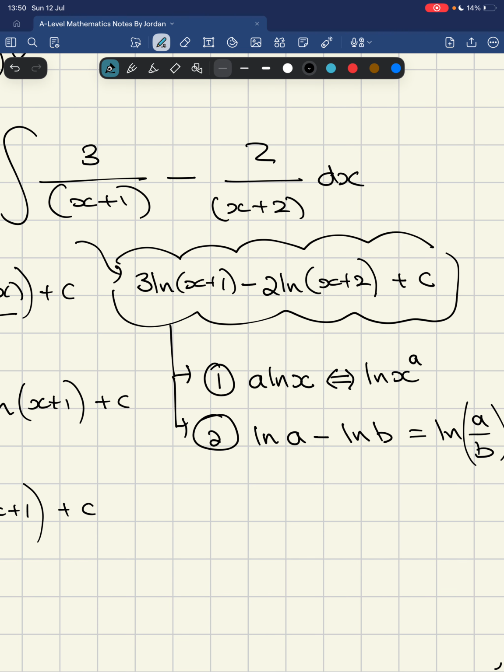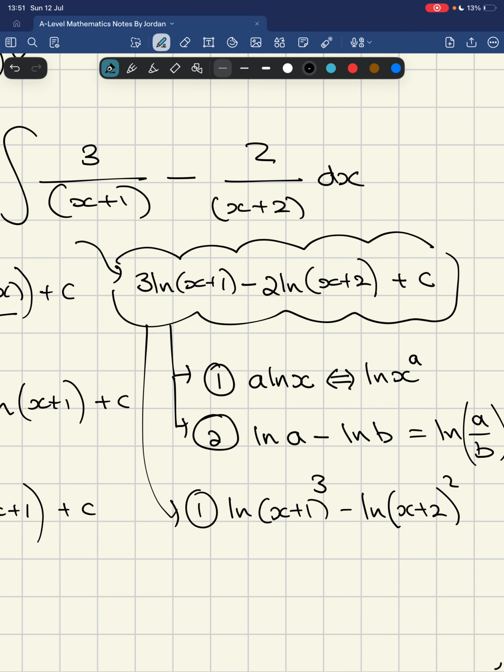Okay. So first, let's do the number 1. So that's going to make it ln x plus 1 cubed. Take away ln x plus 2 squared.